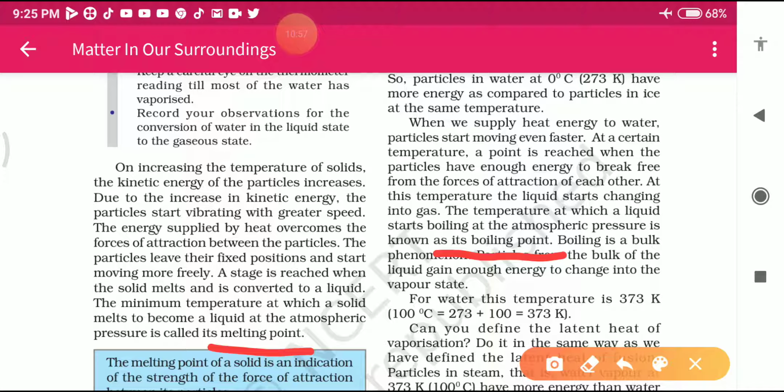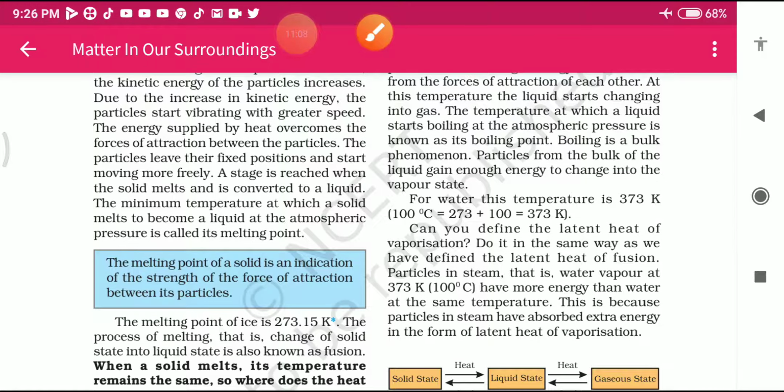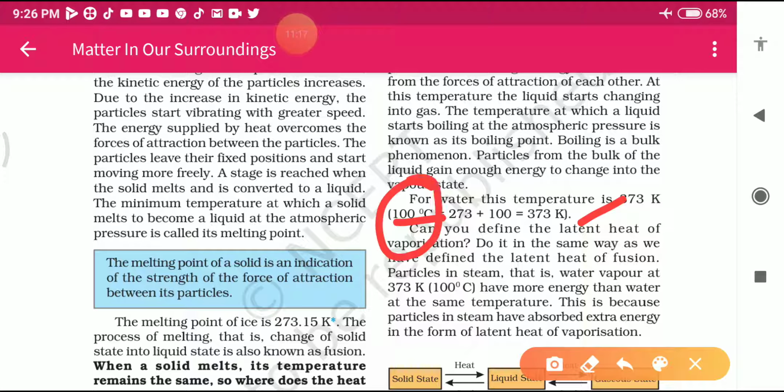And boiling is a bulk phenomenon. The bulk of the liquid gains enough energy to change into the vapor state. Students, here you will see how to convert degrees Celsius into Kelvin. The boiling point of water is 100 degrees Celsius. Now you have to convert it into Kelvin.